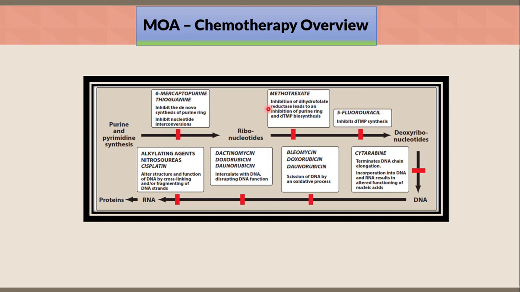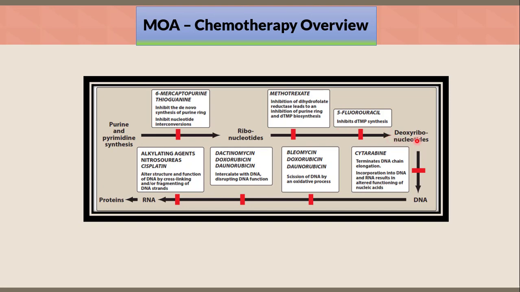And here, methotrexate, inhibition of dihydrofolate reductase, leads to an inhibition of purine ring and deoxythymidine monophosphate biosynthesis. And 5-fluorouracil inhibits deoxythymidine monophosphate synthesis. And after that, deoxyribonucleotides.